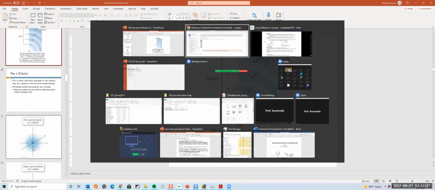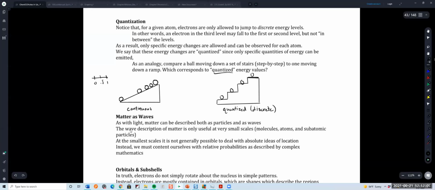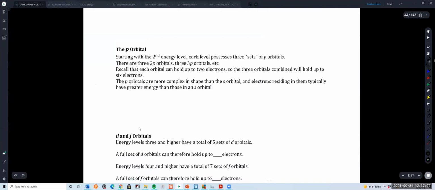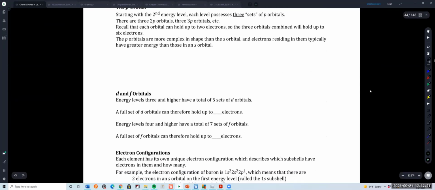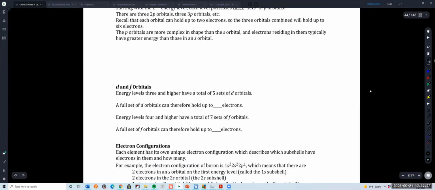Now, when we get to the next sets, the pattern continues of odd numbers. S's come in exactly one s orbital in a subshell, 3 for p's, D's have 5, and then F's are going to have 7 orbitals in them.